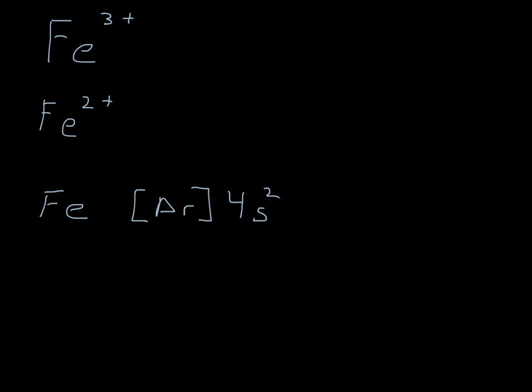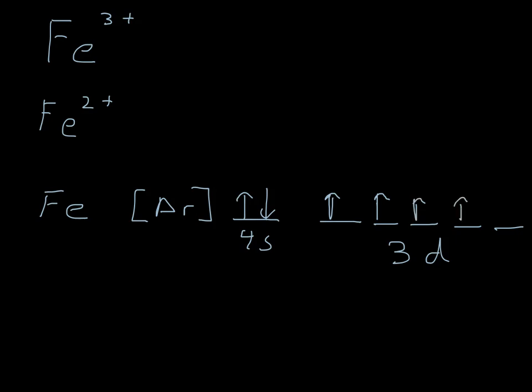To make this demonstration very effective, let's draw an orbital diagram. 4s, and then 3d, and if we count over iron's electrons, there are 6 electrons in that 3d. So that's the electron configuration of neutral iron.